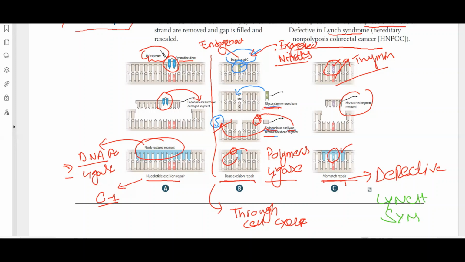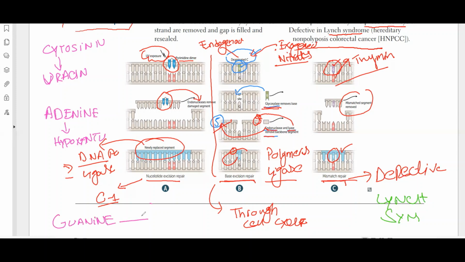As we already know, cytosine deamination leads to uracil, while adenine deamination leads to hypoxanthine, and the last one, guanine deamination, leads to xanthine.